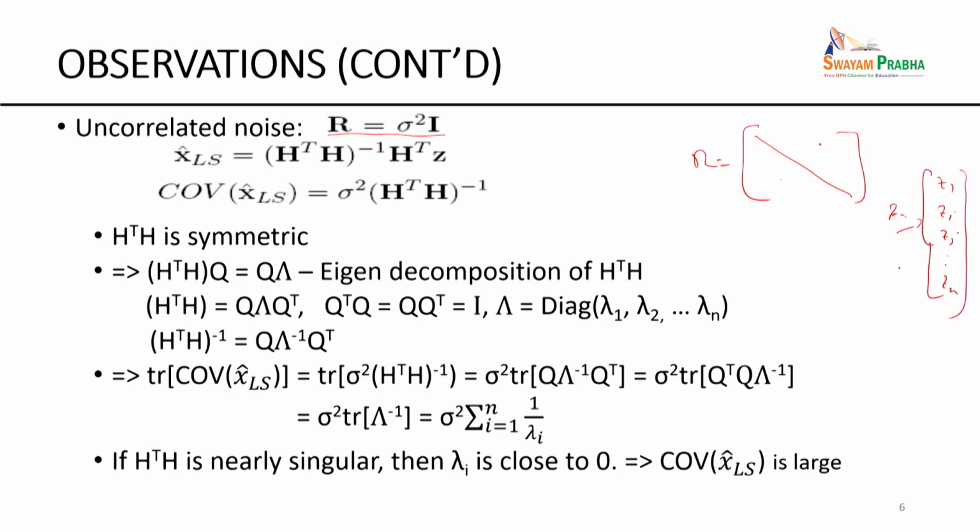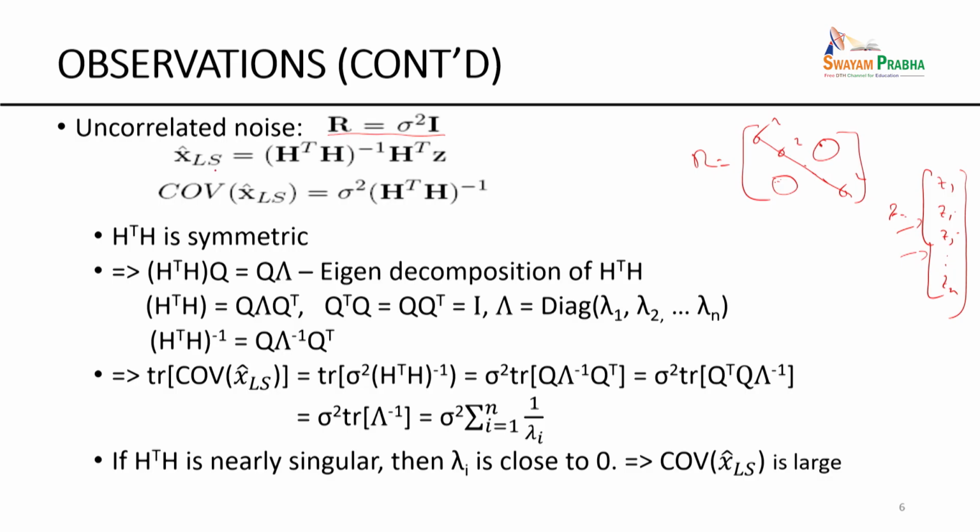If i and j are correlated, there will be a non-zero quantity here, which is the ijth element of R. So if the observation noise affecting the different components of the vector Z are uncorrelated, then this is 0, this is 0. That's the diagonal matrix, and I am assuming the diagonal matrix has the same diagonal elements, sigma square. So R is equal to sigma square I.